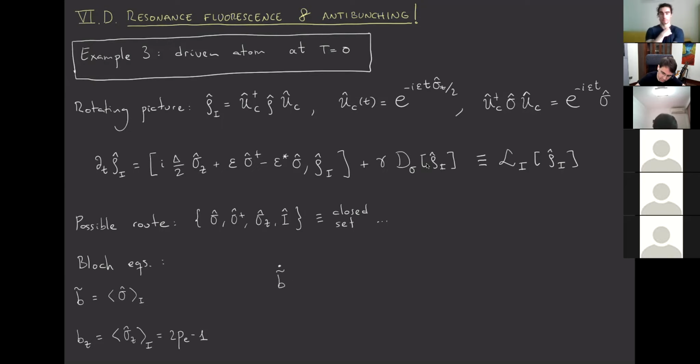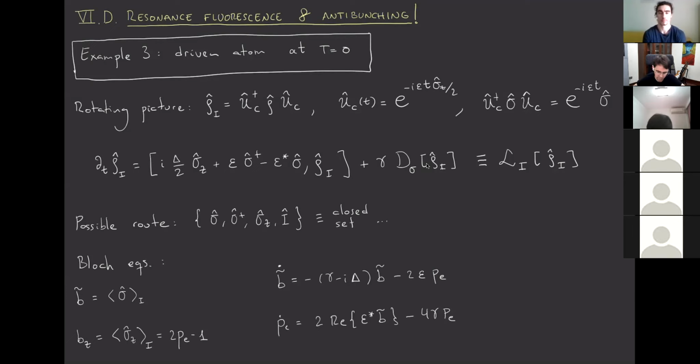Then the Bloch equations read just like this. So we have that the time derivative of B is equal to minus gamma minus i delta, B tilde minus 2 epsilon times the probability in the excited state. And then the time derivative of the probability in the excited state is 2 times the real part of epsilon star B minus 4 gamma P_e.